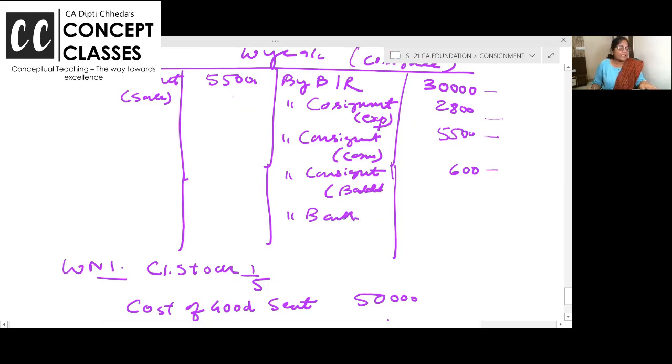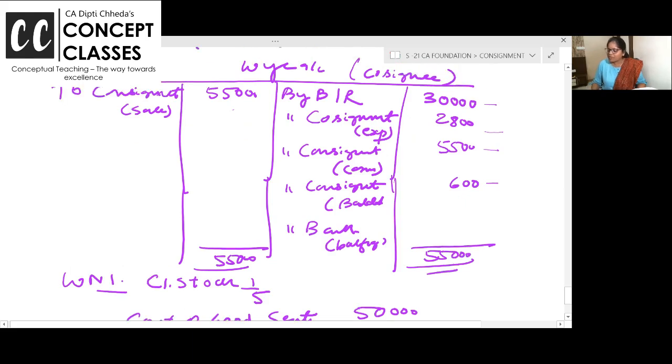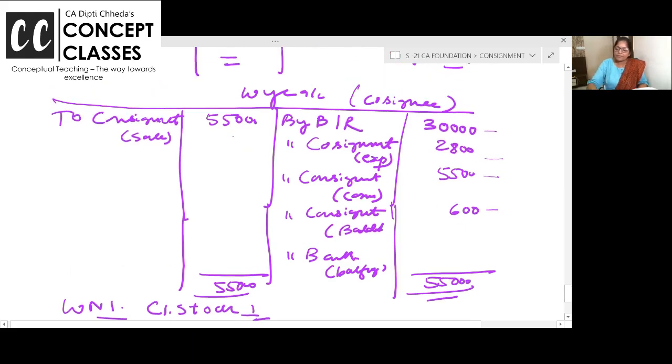Show necessary ledger and the account sales has come. So the remaining account is settled by bank. Balancing figure. How much are you all getting?